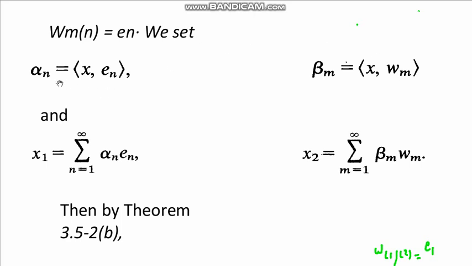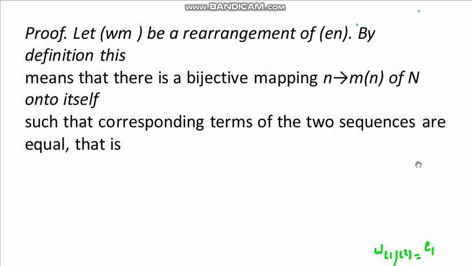We take two terms: one term x1 from this x, which is equal to the summation from n equals 1 up to infinity of alpha_n E_n, and this x2, which is equal to the summation from m equals 1 up to infinity of beta_m W_m. This is because of our supposition here.